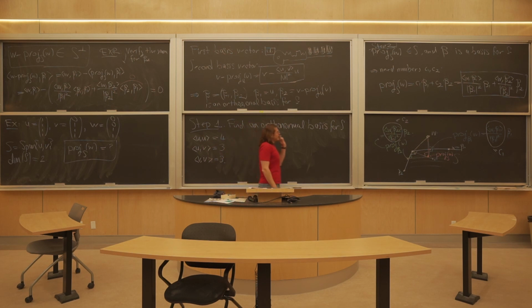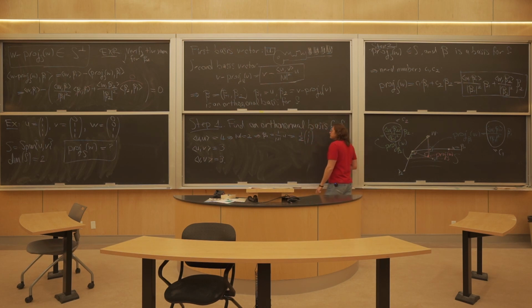So my first basis vector, I want to be something proportional to U. U is not of length 1, its length is 2, because the length is the square root of this. So instead of choosing beta 1 to be directly U, I'm just going to choose it to be U scaled by 1 over 2. So 1 over U norm times U, this is going to be 1 over 2 times 1, 1, 1, 1.